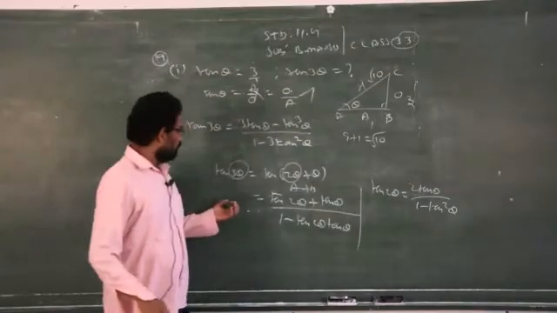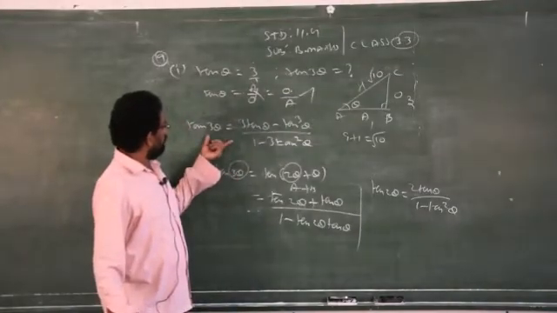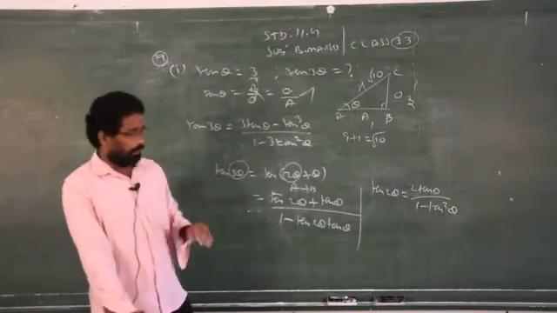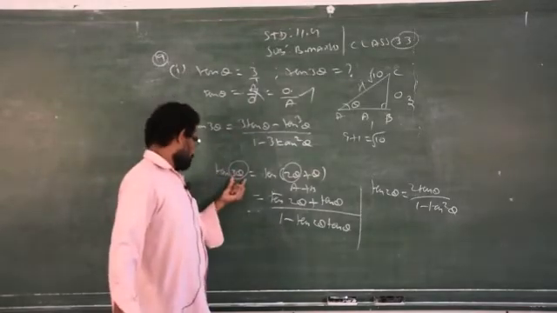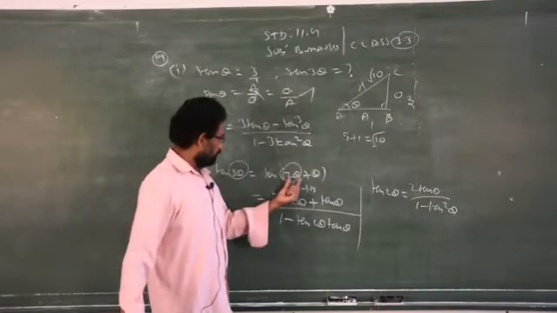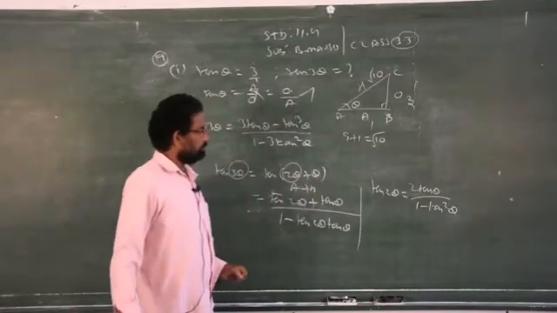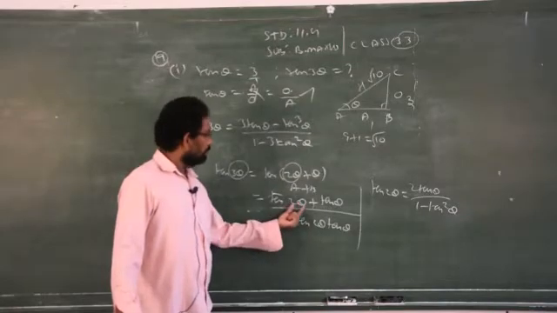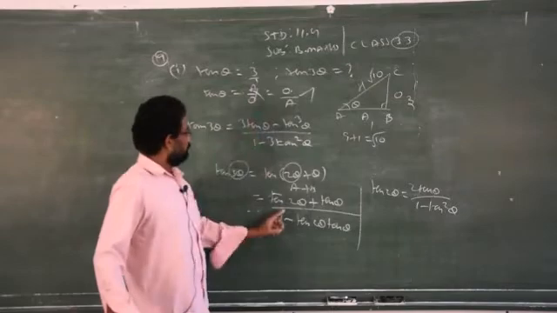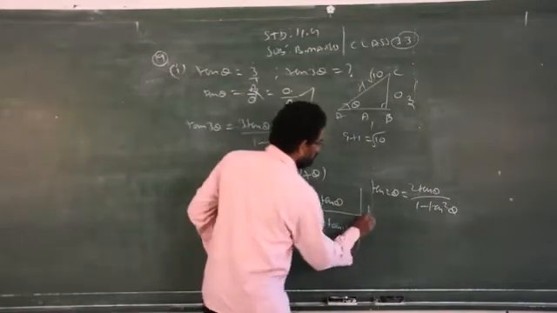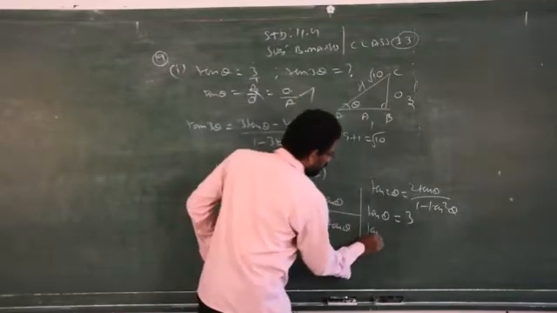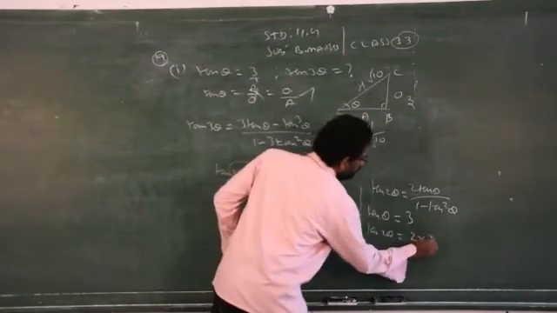So if you know the direct formula for tan 3 theta, you can use it. Otherwise, if you are not able to recollect the formula, separate 3 theta as 2 theta plus theta, then apply the A plus B formula. But for tan 2 theta, don't think that if tan theta is 3, some of you may mix it up like this: tan 2 theta will become 2 into 3, that is 6.